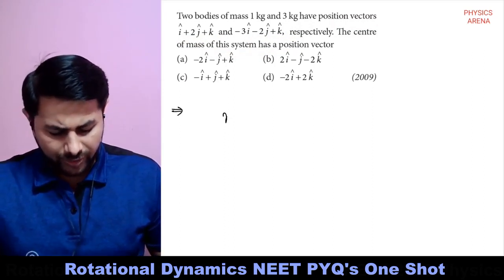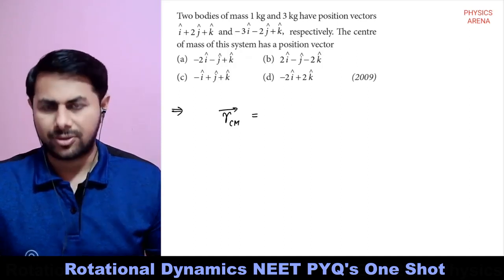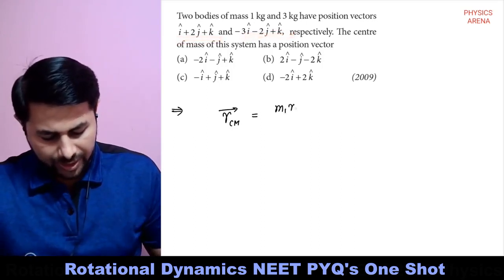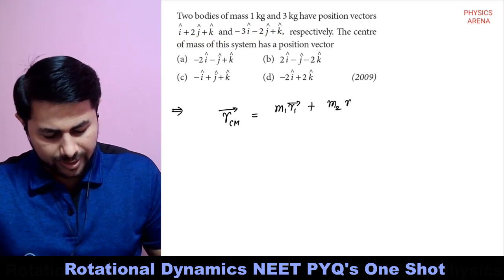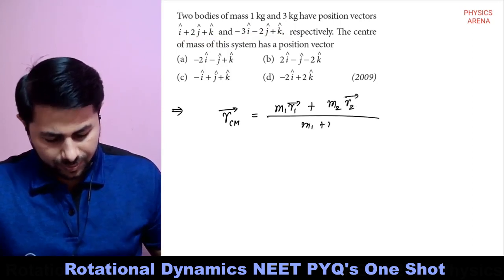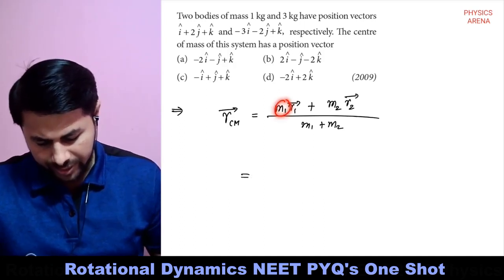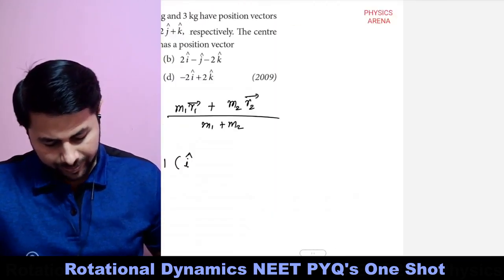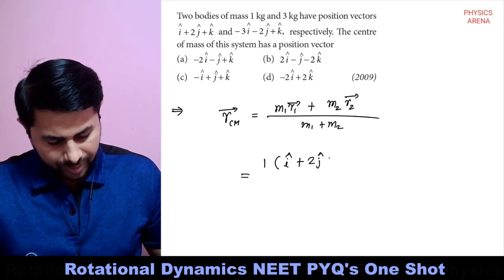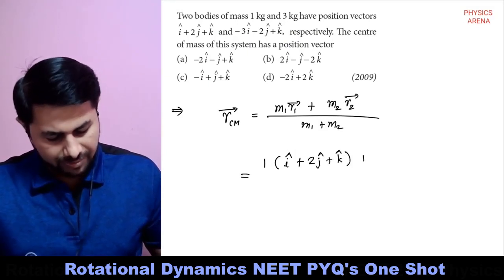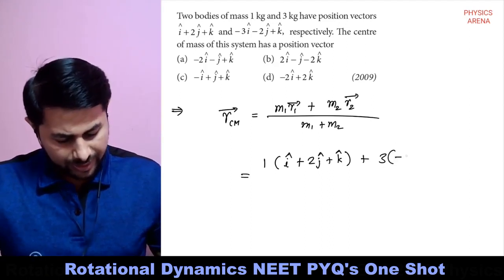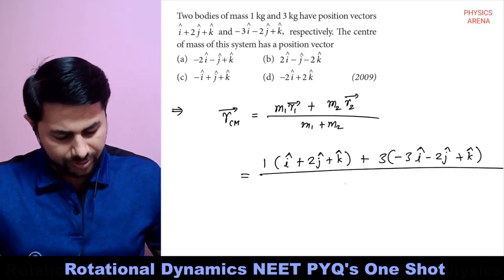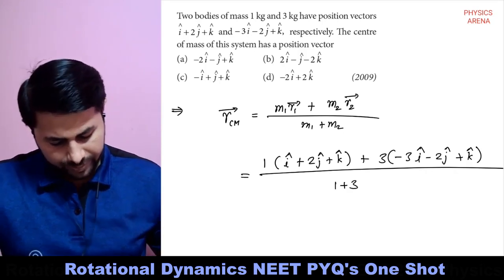We have discussed the position vector of the center of mass: it's m1 r1 bar plus m2 r2 bar divided by m1 plus m2. m1 is 1, so 1 times the position vector of the first particle, i cap plus 2j cap plus k cap, plus 3 times the position vector of the second particle, minus 3i cap minus 2j cap plus k cap, divided by m1 plus m2, which is 1 plus 3, 4.